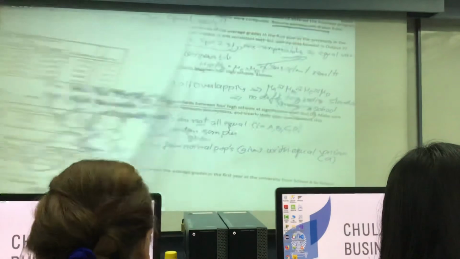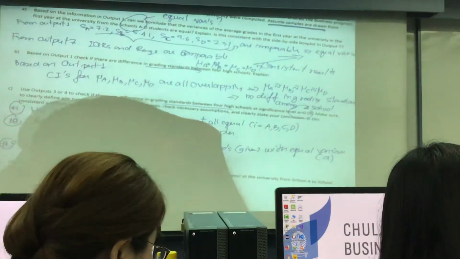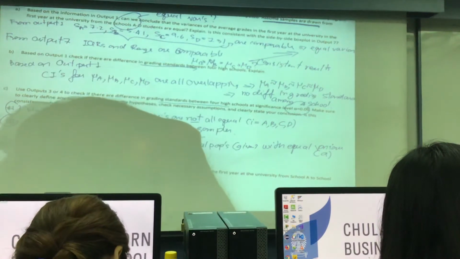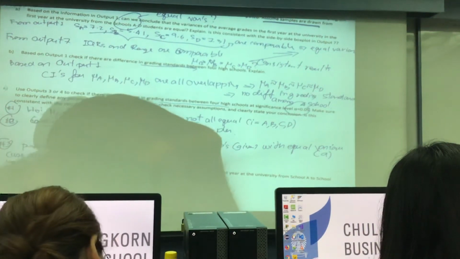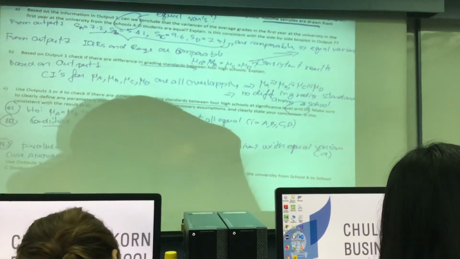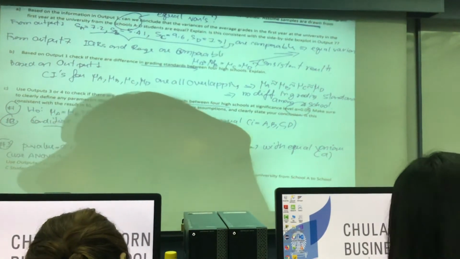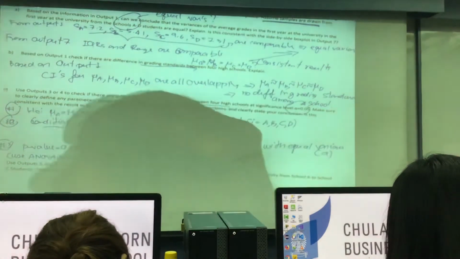So p-value is equal to this one, we use the ANOVA output. P-value is equal to 0.015, right?